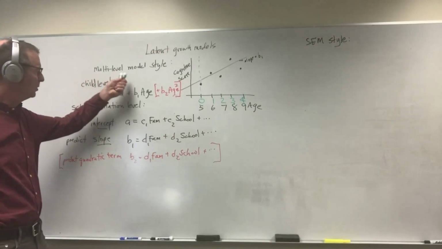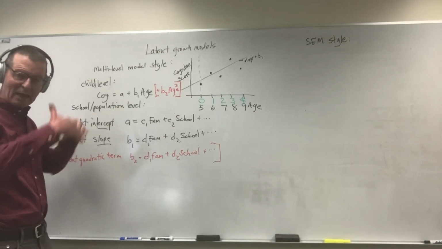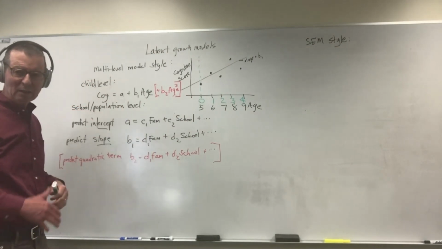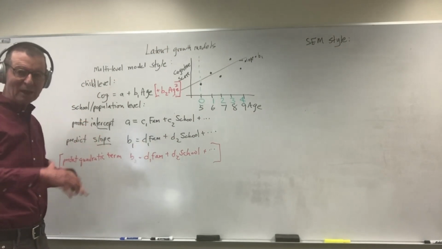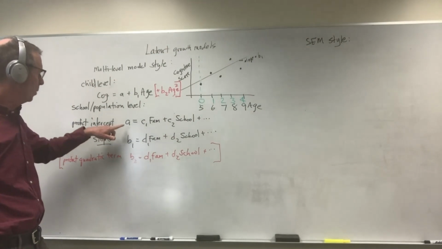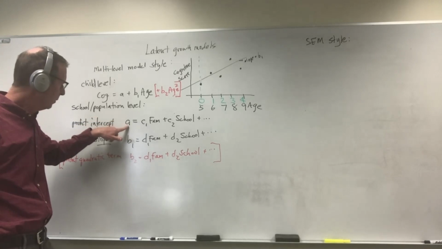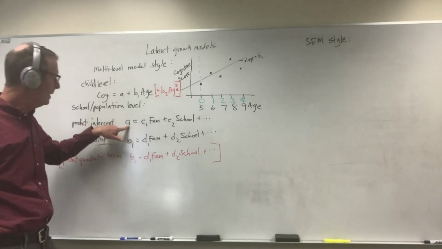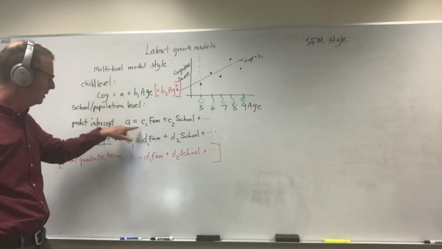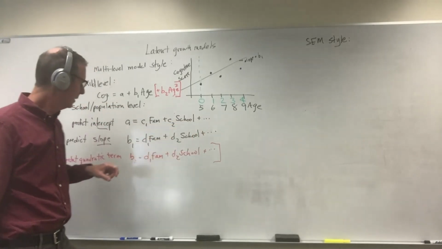So this is at the individual child level, but now we are at an aggregated level, and maybe it's a school, maybe it's a population. You want to aggregate up to the entire sample, and you want to have a regression where every single A that you estimate here, in other words, every single intercept is explained by some set of independent variables of interest.